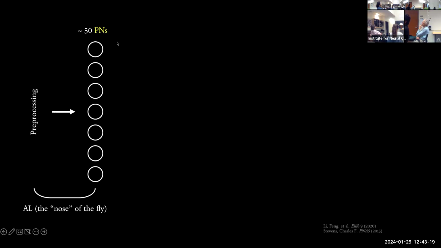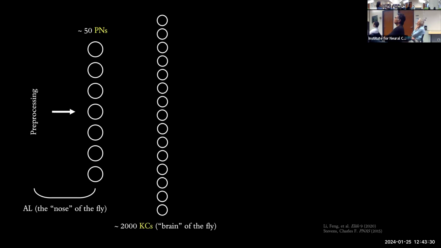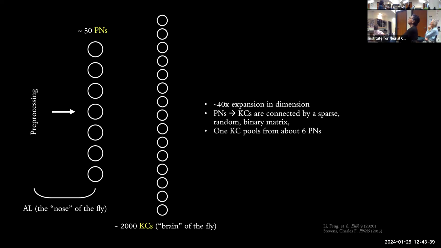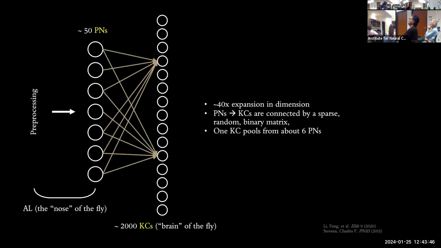And now there will be an expansion in dimensionality, from 50 projection neurons to around 2,000 Kenyon cells, which is kind of the analog of the cortex in the fly brain. The projection from the projection neurons to the Kenyon cells is made by a sparse random binary matrix, so that each Kenyon cell pools from about 6 randomly selected projection neurons.